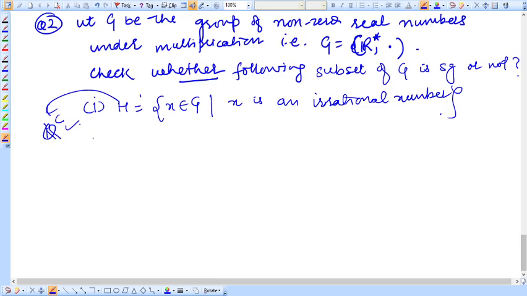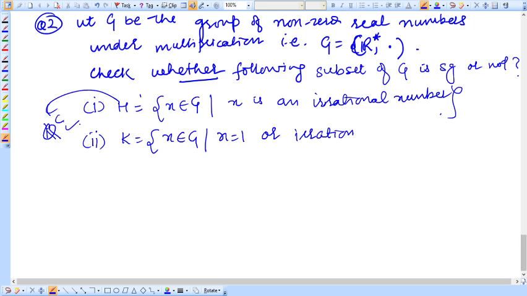And second, K is equal to X belonging to G such that X is equal to 1 or X is an irrational number.